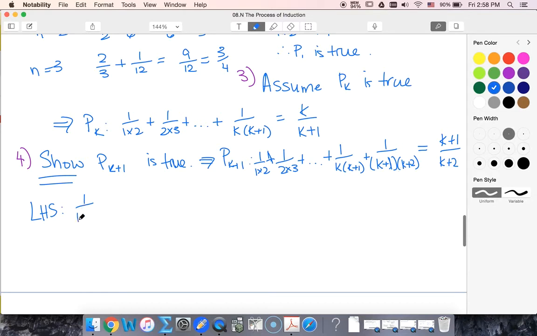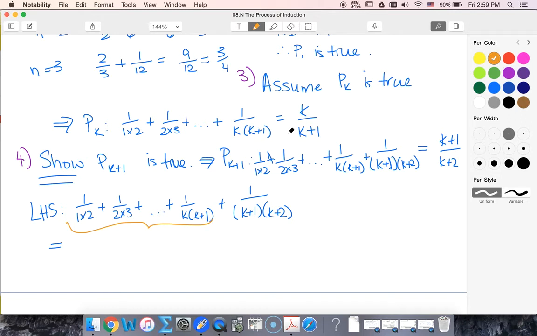So the left-hand side, 1 over 1 times 2 plus 1 over 2 times 3 plus 1 over k times k plus 1 plus 1 over k plus 1 times k plus 2. This equals, well, I'm going to use my assumption. So this part here is equal to this from my assumption. So I'm going to substitute for this with this. So I'll get k over k plus 1 plus 1 over k plus 1 times k plus 2.